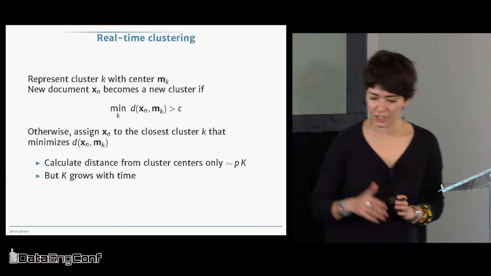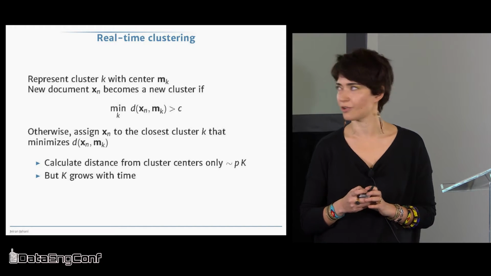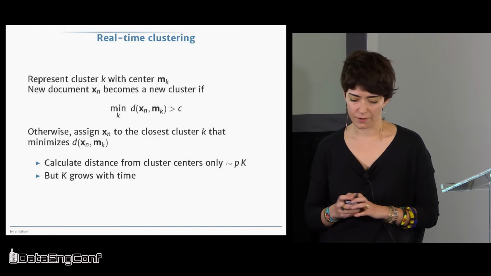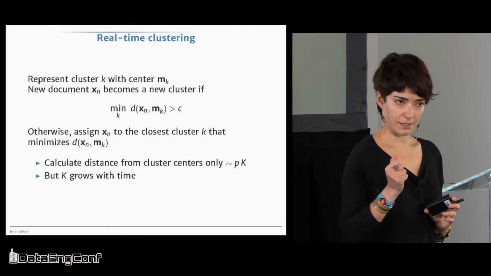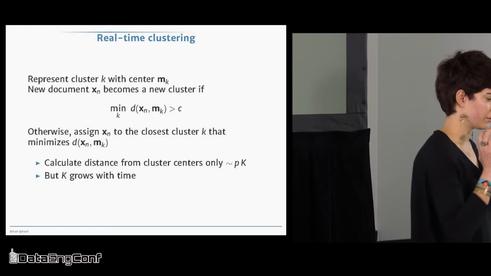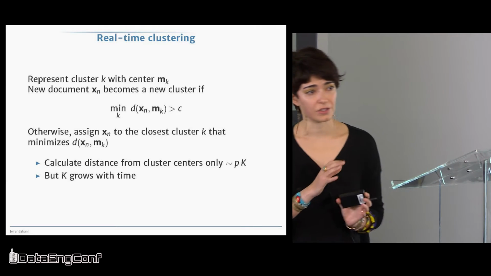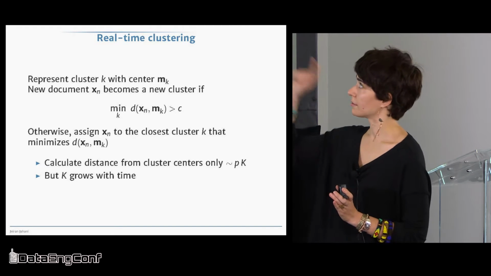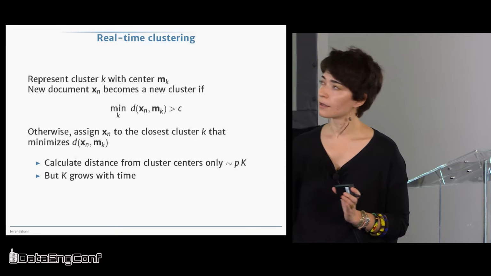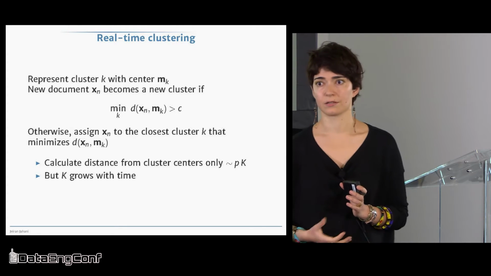So you can come up with an approximation of the algorithm that I just talked about. First off, you don't have to compute the pairwise distances of a new point with all the points that are in your previous clusters. Let's represent each cluster with one central point, and that is m_k for cluster k. And when you have a new document, just calculate the pairwise distances with that cluster center.